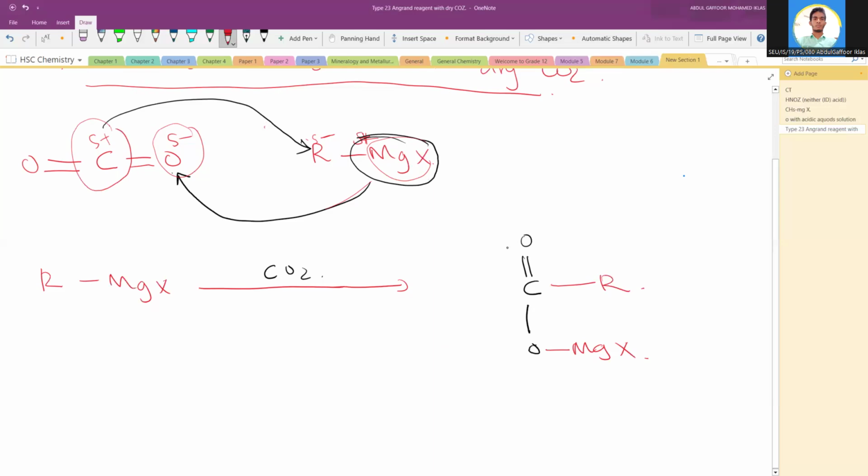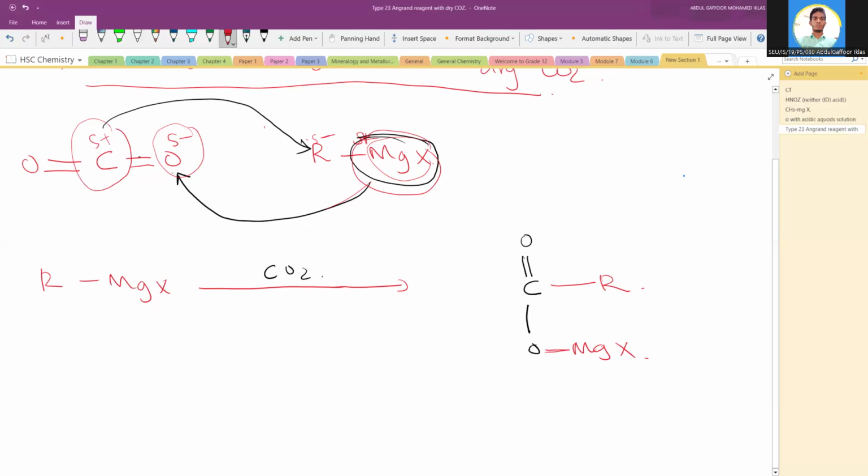Now this is the structure of carbon dioxide. Since oxygen is electronegative, it will experience a delta minus charge. And since magnesium is a metal, it will experience a delta plus charge. So oxygen will attract this MgX group and MgX will come and join with this oxygen.